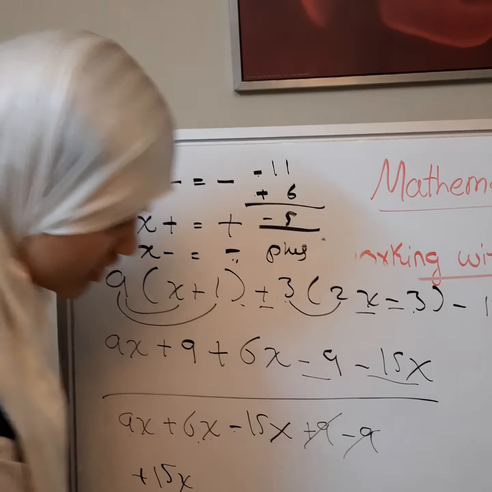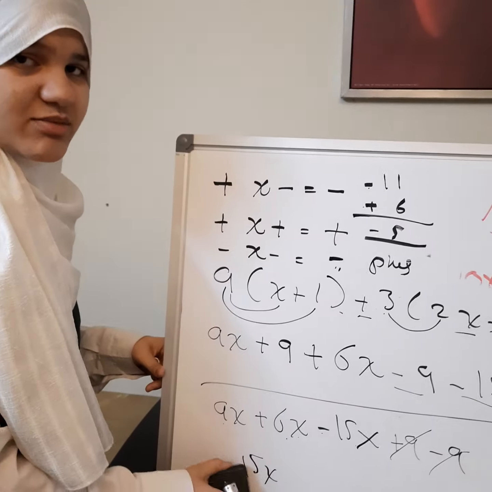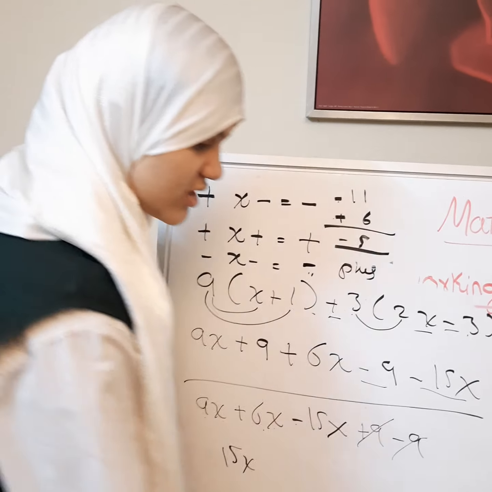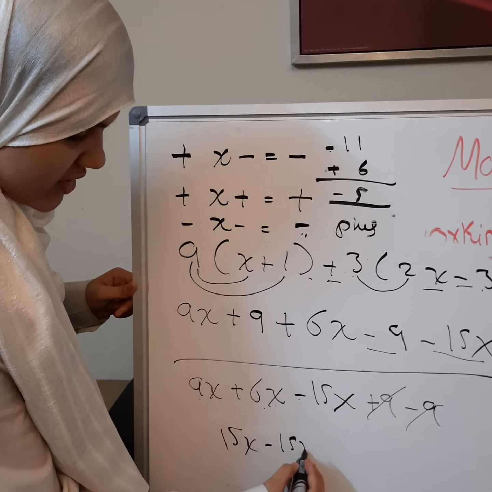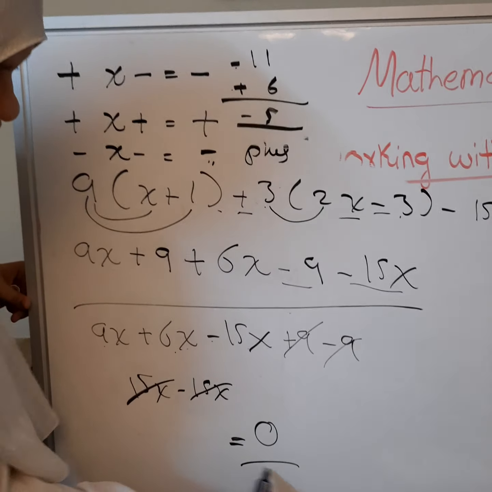Okay, but we will not write positive, because the number without any sign, that means it will be positive. But if negative is with it, that means it will be a negative number. 15x minus 15x, and also cancel. That means the answer will be 0.